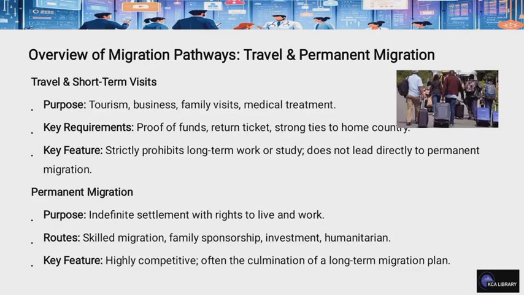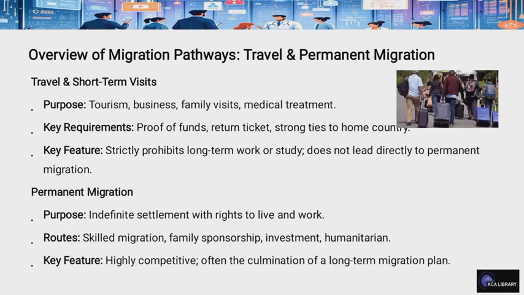We also have the travel and permanent migration. Travel and short-term visits are actually for the purpose of tourism, business, family visits, and also medical treatment. Key requirements include proof of fund, return tickets, and strong ties to the home country, and the key features include that it strictly prohibits long-term work or study and does not lead directly to permanent migration.